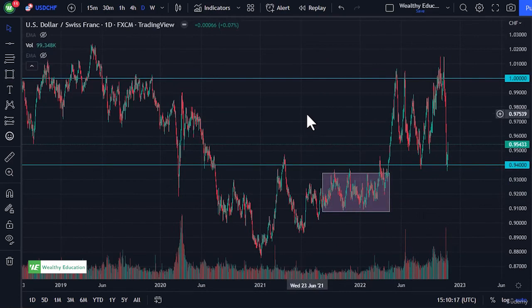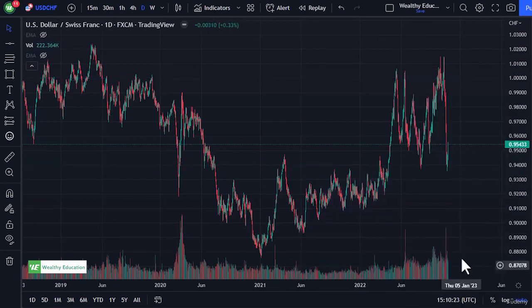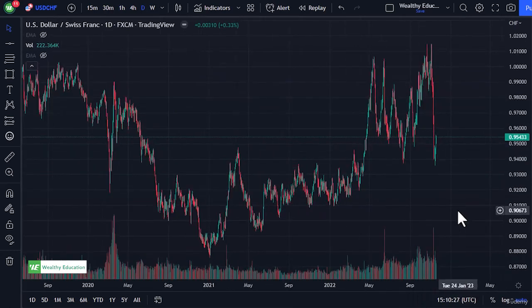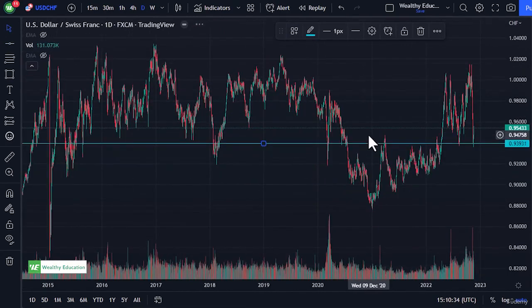But what we're going to do is focus on support and resistance, and what we can do with indicators and such. And speaking of support and resistance, you need to understand that the higher time frame support and resistance levels matter much more.